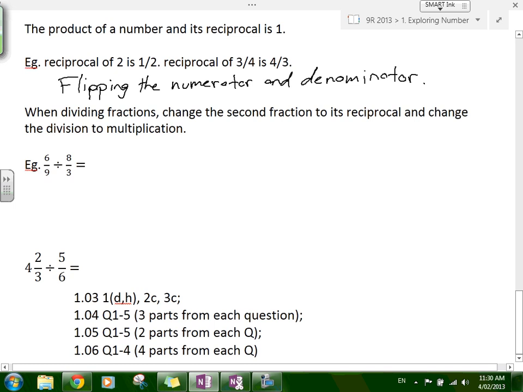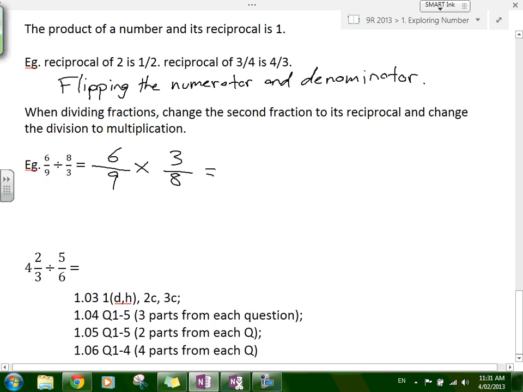So the final thing I just want to do is two examples. 6 over 9 divided by 8 over 3. You find the reciprocal of 8 over 3, which is 3 over 8. And then you multiply it.